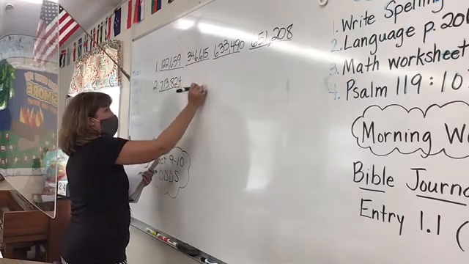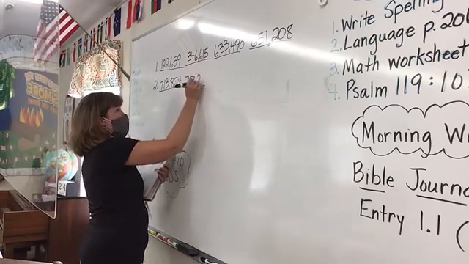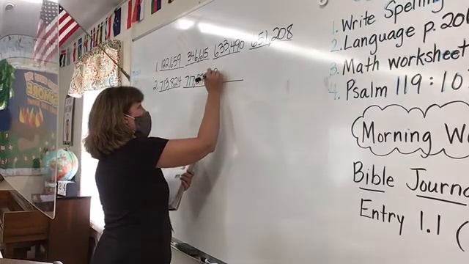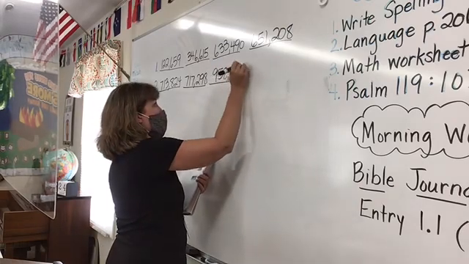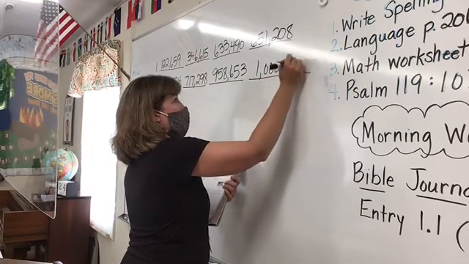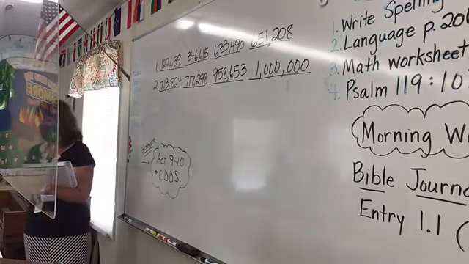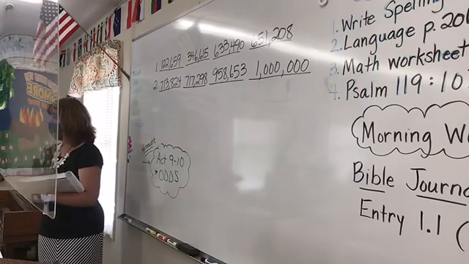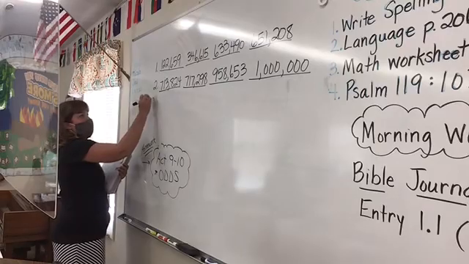Mm-hmm. 717,298. 958,653 and 1,000,000. Very good. So far, who's gotten both of those correct? 1 and 2. Only 3 people? 4 people? 5 people? Okay, so most of you.